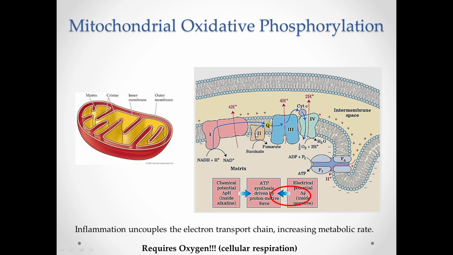And so if I take a step back and orient you to the electron transport chain, what we observe is that it contains several different complexes. Complex 1, complex 2, complex 3, complex 4. Now, when these electrons are dropped off at the electron transport chain, either at complex 1 for NADH or complex 2 for FADH2, electrons are then moved through this electron transport chain, and that's what these blue lines denote.